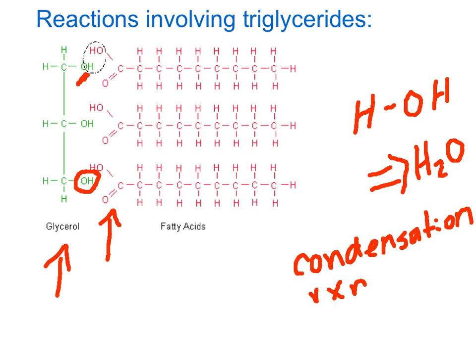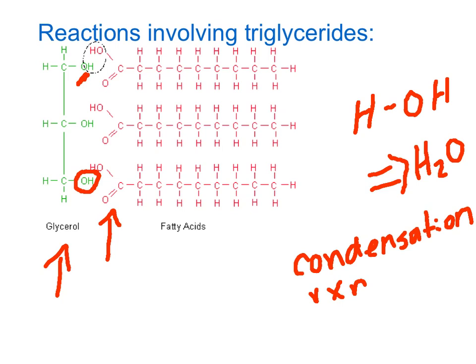It involves putting the fatty acids onto the glycerol backbone, creating a bond. And you would also make 3 waters. Along with the triglyceride, you would produce 3 waters. Those waters are removed from putting the fatty acid together with the glycerol.